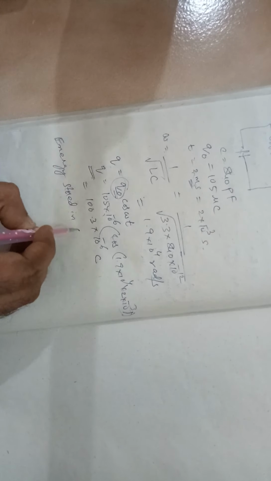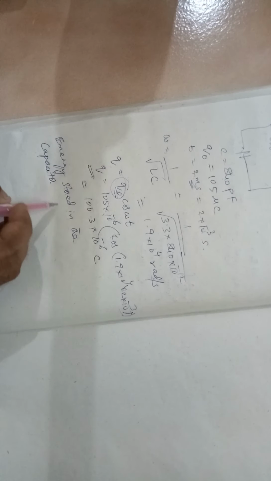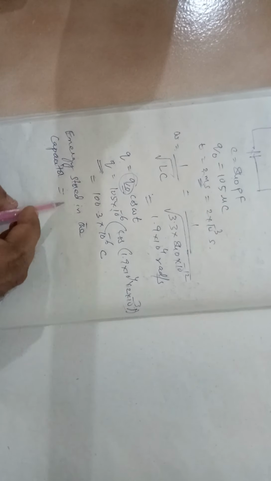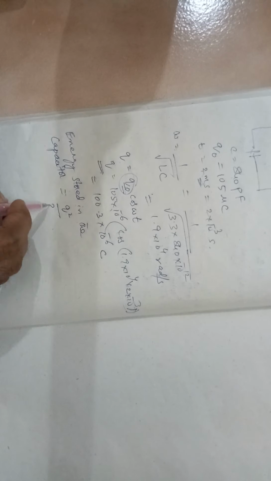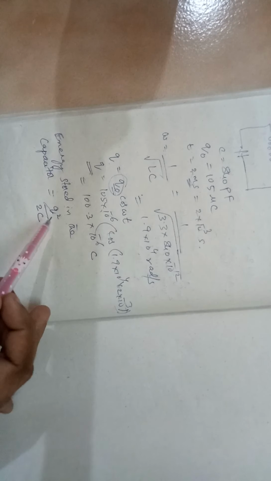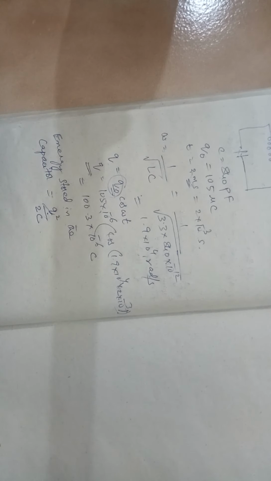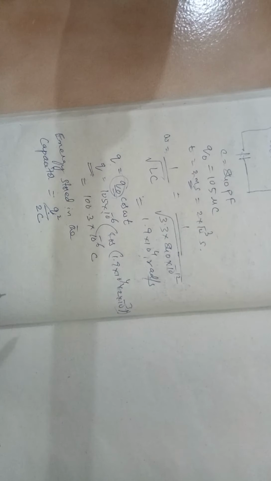stored in the capacitor, this we have done in chapter 2, which is nothing but Q square by 2C. Okay, why have we taken Q? Because we are finding at time t the charge is not the initial charge, the charge has reduced, isn't it?